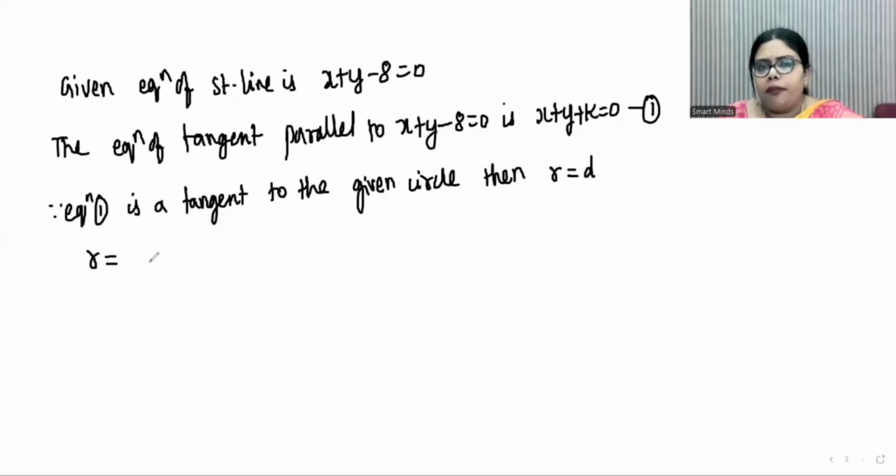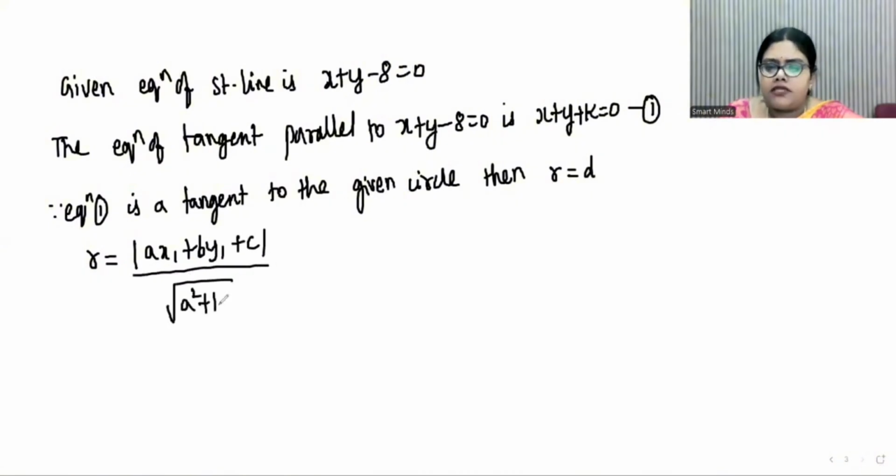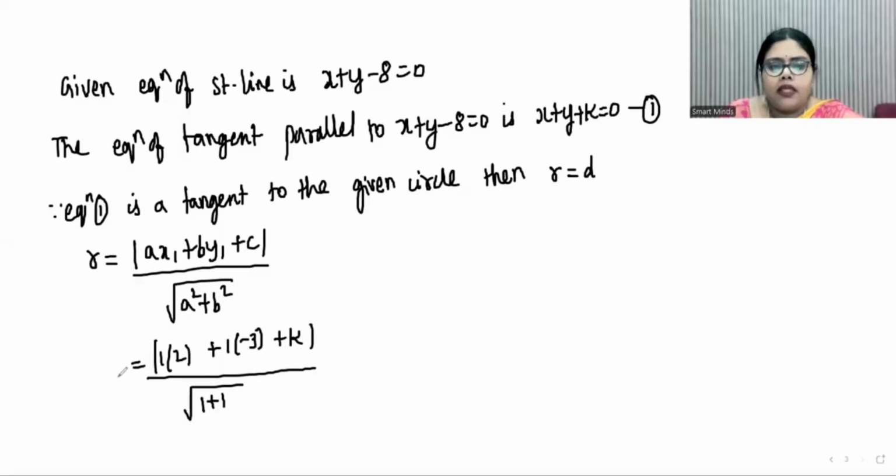What is the formula for perpendicular distance? Mod ax1 plus by1 plus c by root a square plus b square. So that is 1 into 2 plus 1 into minus 3 plus k by root over 1 plus 1. Radius we got it as 5. So in the place of r we write 5.